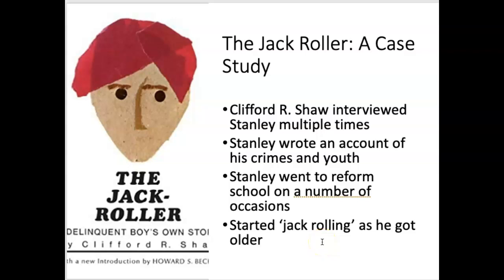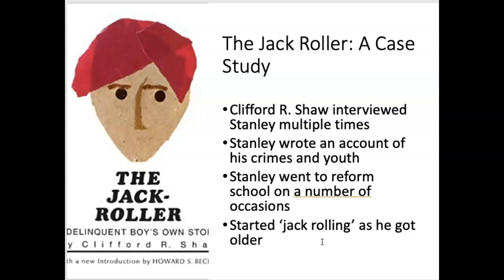Now, a jack roller is somebody who robs drunk and defenseless people of their wallets. So at the time, as you can imagine, many people just thought of them as absolute scumbags and not worth learning about. But what Clifford Shaw wanted to do was to see the world through the eyes of the jack roller, in this case, Stanley.